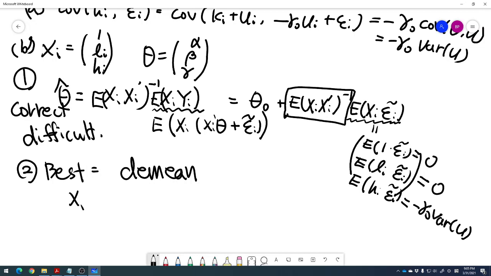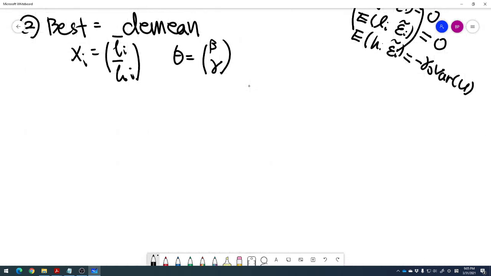For example, suppose that Li and Hi are the demeaned variables, then simply you can use beta and gamma. The intercept will disappear, and in this case theta will be the expected value of, again, Xi prime. Now remember, Xi is defined as a 2 by 1 vector.